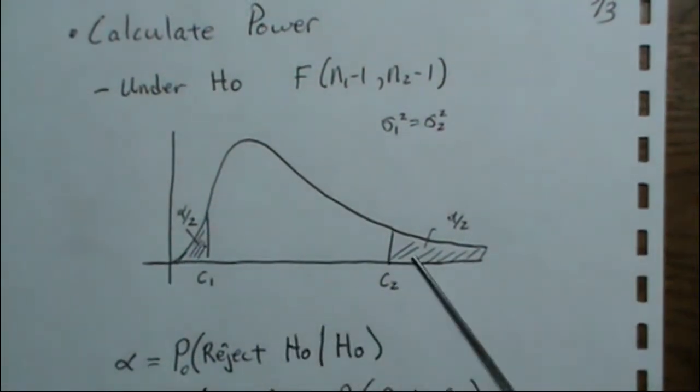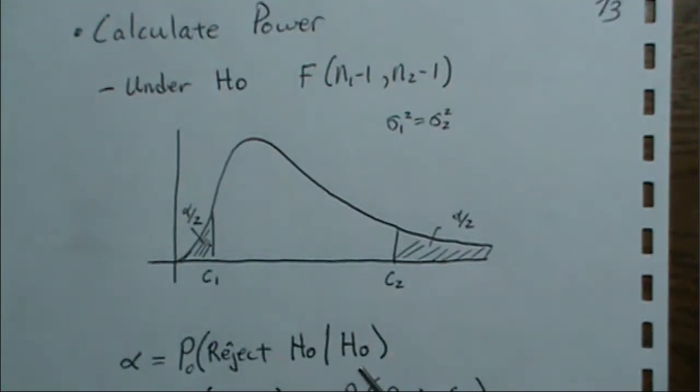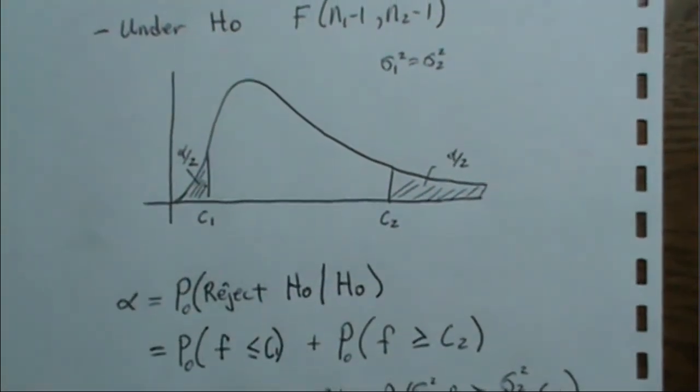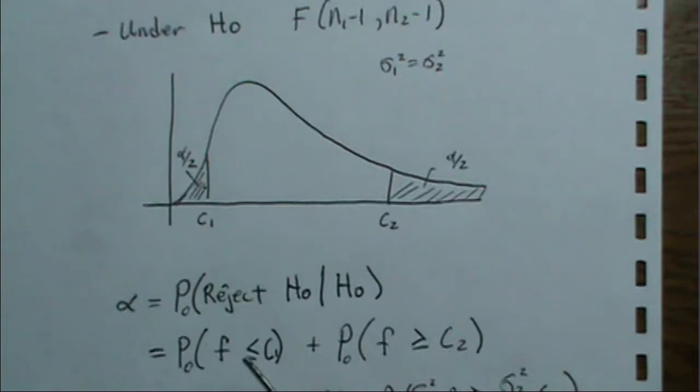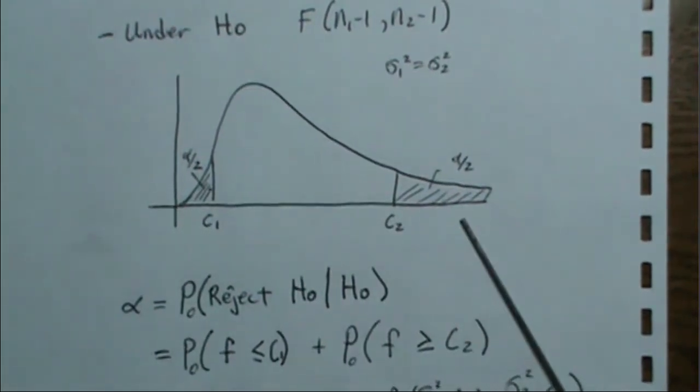So now to find these regions, we want to find the probability that we reject the null hypothesis, given that the null hypothesis is true. That's the definition of alpha. Well, this is equivalent to the probability that our test statistic F, the ratio of the sample variances, falls in the rejection region. Okay.